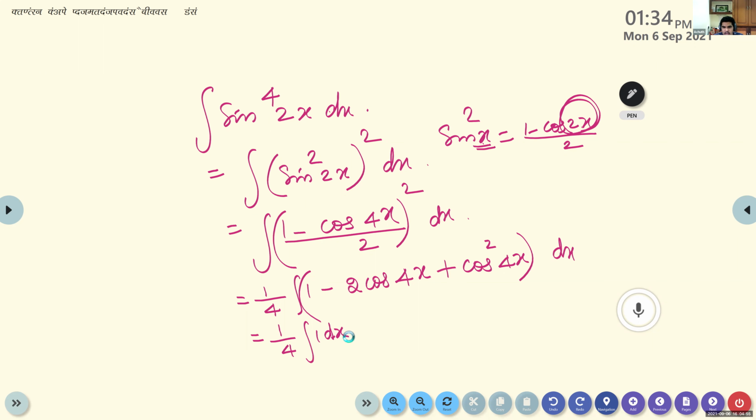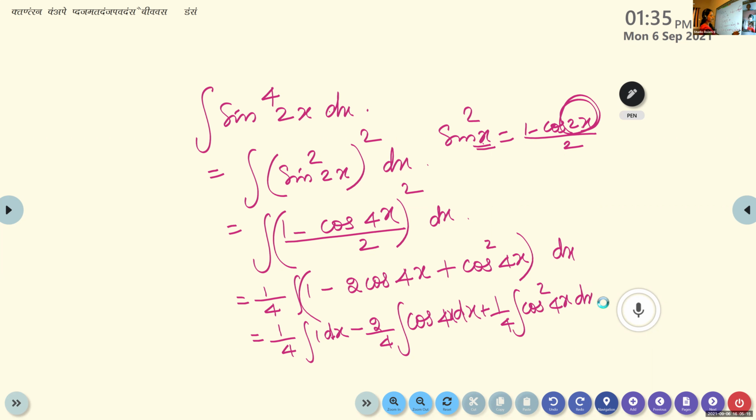After squaring, you have to take it outside. Okay, and next step, we split this into smaller parts: integral of 1 dx minus 2 by 4 integral of cos 2x dx plus 1 by 4 integral of cos square 2x dx. Okay?